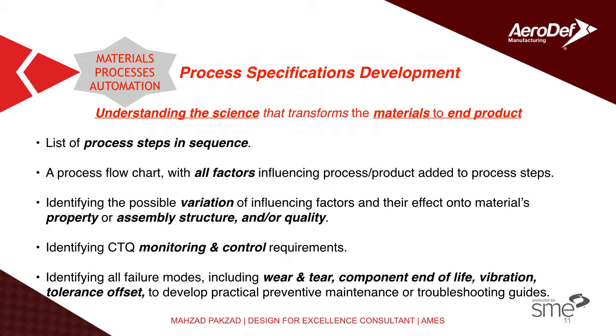Identifying failure modes, including wear and tear, component end of life, vibration, tolerance offset, to develop practical preventive maintenance or troubleshooting guides. So once we have the equipment, now we have to worry about maintaining it, the sustainability of the equipment, and it all depends on the capability of production people to set it up and to maintain it.